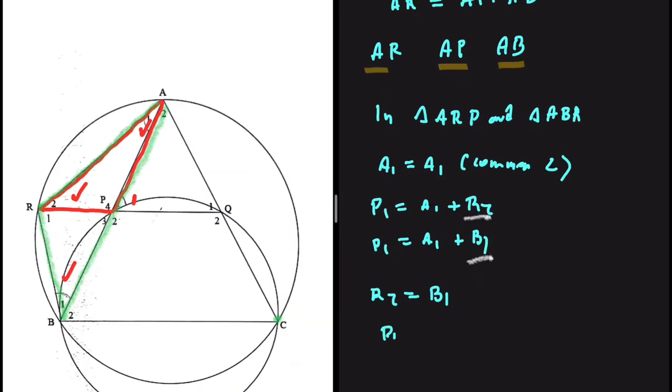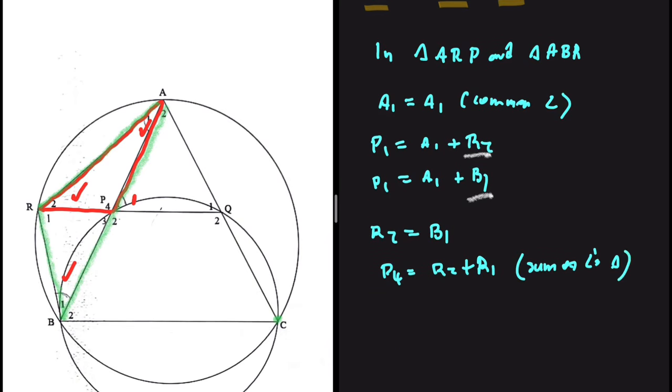Now we can say that angle P4 is equal to angle R2 plus R1. If those pairs of angles are equal to each other, then P4 should be equal to R2 plus R1 because of the sum of angles in a triangle. And just like that, we can conclude and say that triangle ARP is similar to triangle ABR.